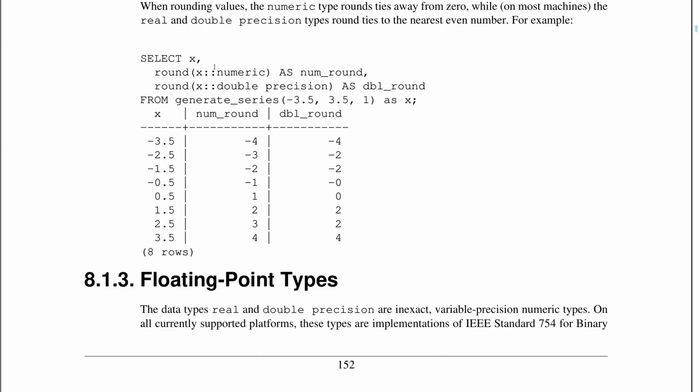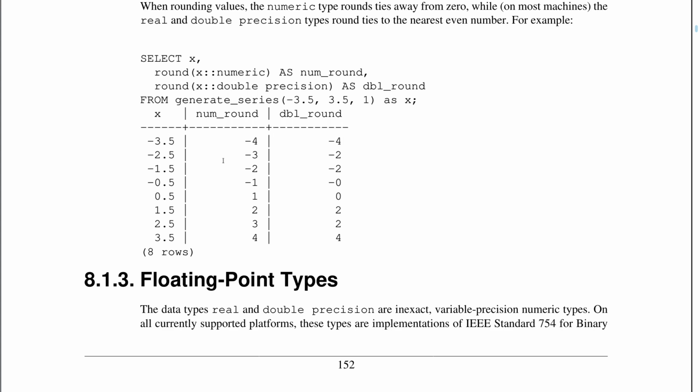For example, select x, round(x::numeric) as num_round, round(x::double precision) as dbl_round from generate_series(-3.5, 3.5, 1) as x. So x is generated as minus 3.5, minus 2.5, minus 1.5 and so on.